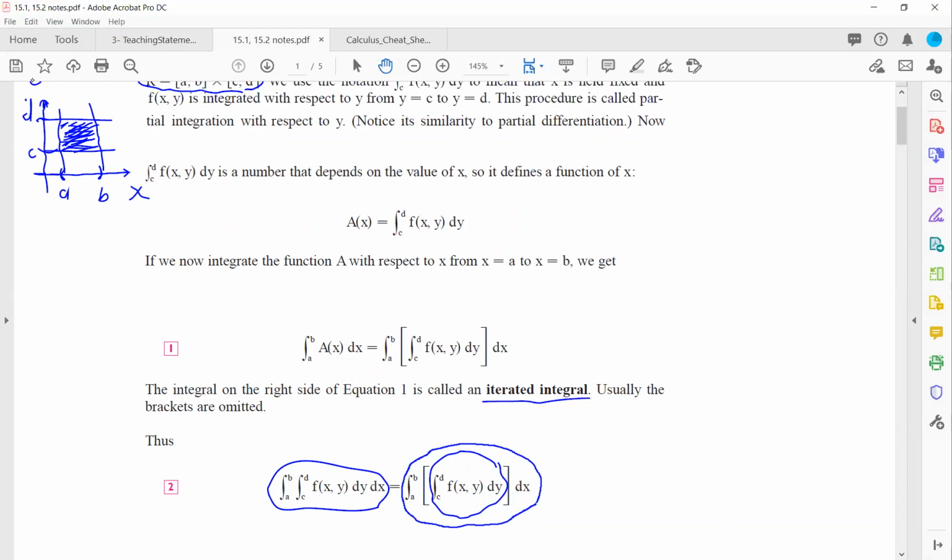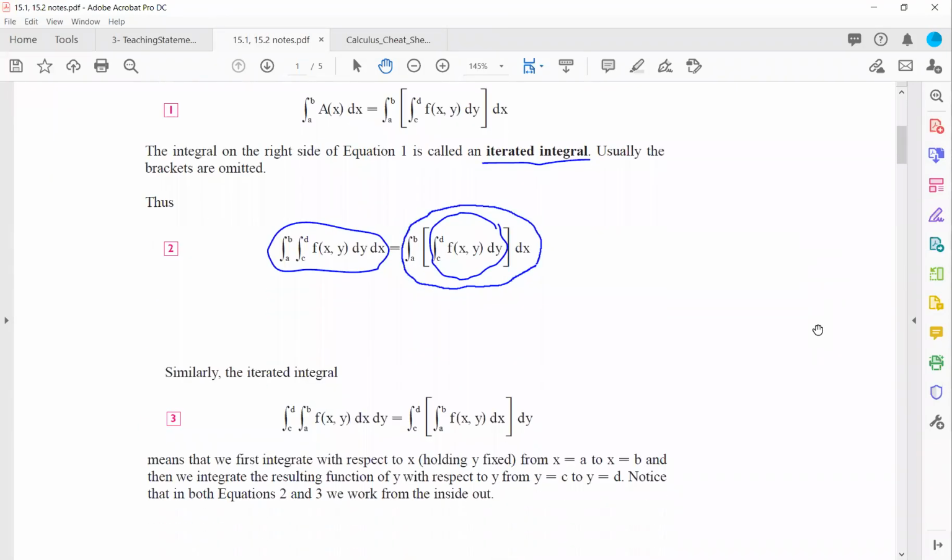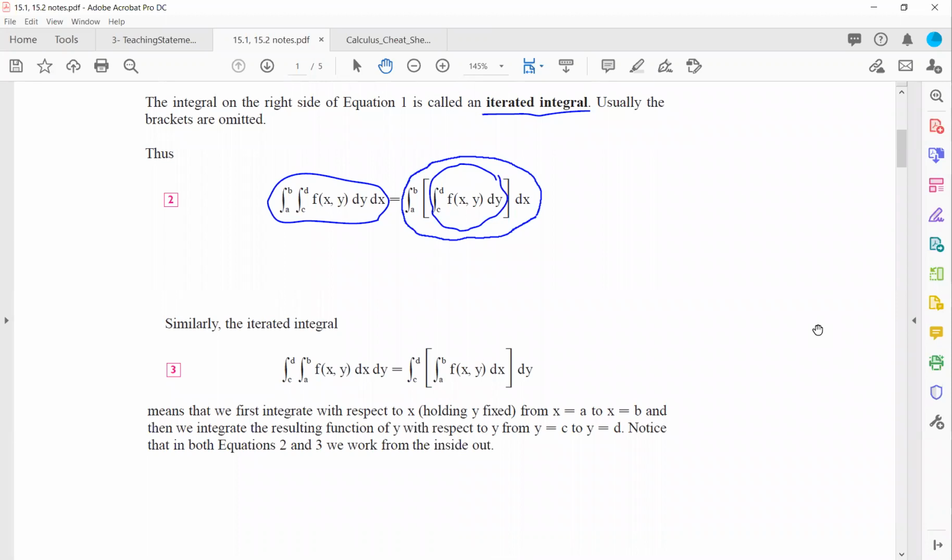That is an iterated integral, which in this case is a double integral. If you switch these two intervals, a to b, c to d, you have to switch the order in which you take the integral.